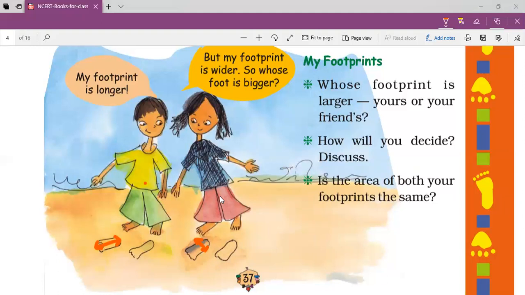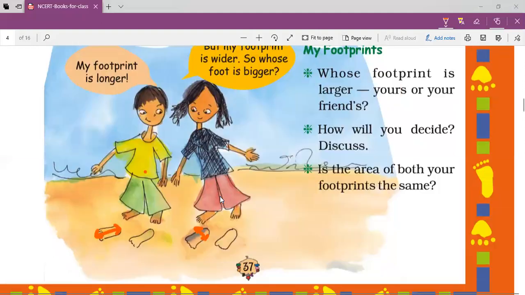Whatever number of square grids the footprint covers, that much will be the area of your footprint. Okay, is the area of both footprints the same? If you compare yours and your friend's, is it the same or different, and write the answer accordingly. Okay, let's move to page number 38.